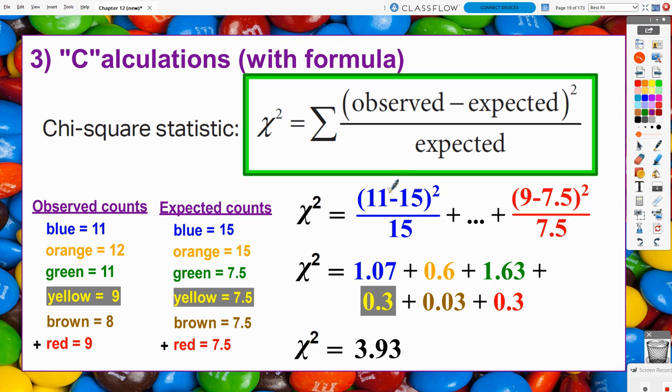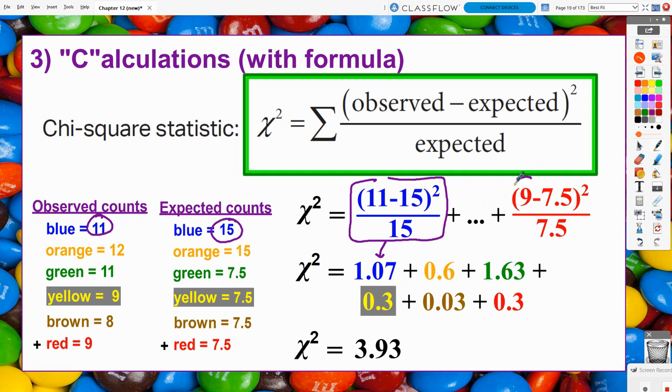Blue was the first one I talked about. So I have my 11 observed blue minus my 15 expected blue, square that quantity, and then divide by the expected again. When I type that into my calculator, I'm going to get a crazy decimal most of the time, so I would typically round these to 1 or 2 decimal places. Here I would recommend 2 decimal places.